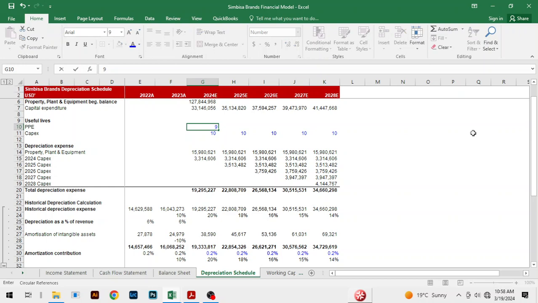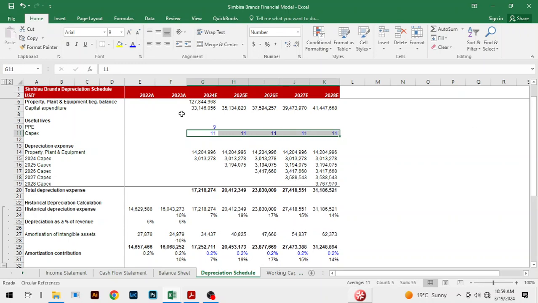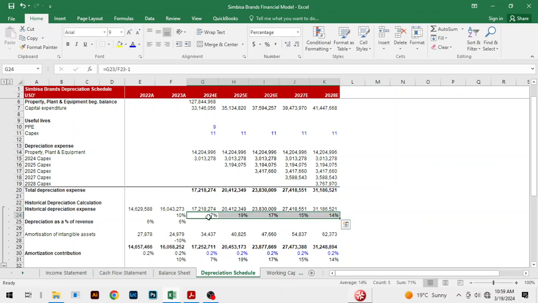So how best can we reduce that? Let's try to increase our useful life here. So if we increase the useful life, you will see that it has declined to 9%. So here I may want 10%, or I may say 10, and then here let me try to increase that to 11. That goes to 7%, which is close to 6%. So I may even copy that across, and here I can also copy that.